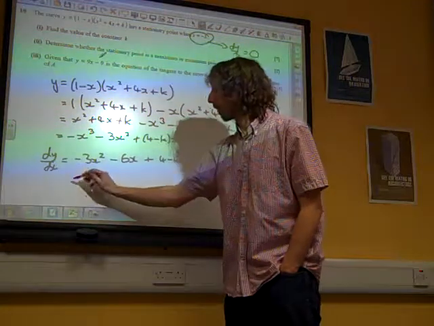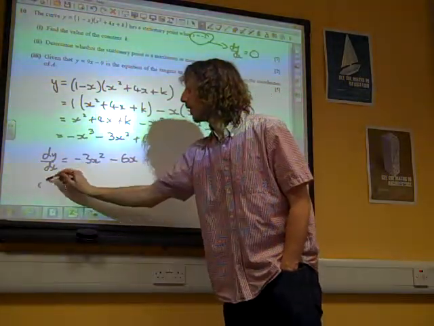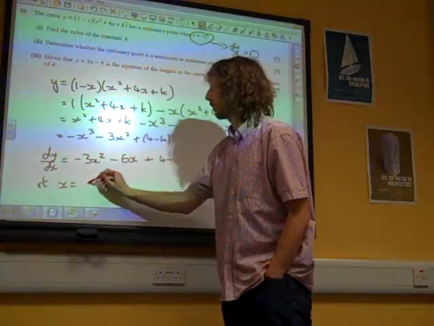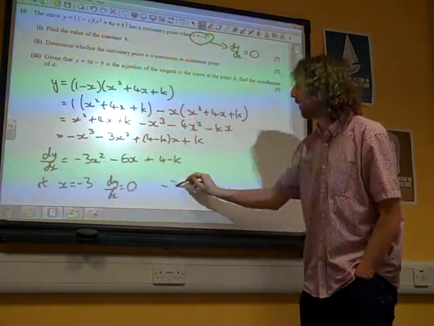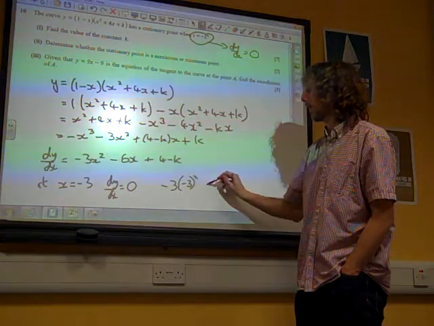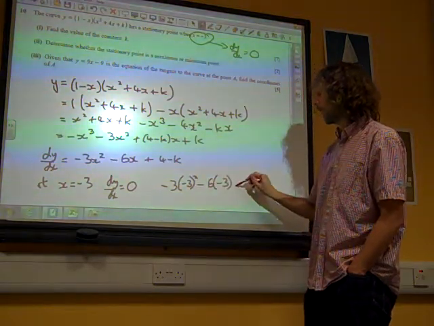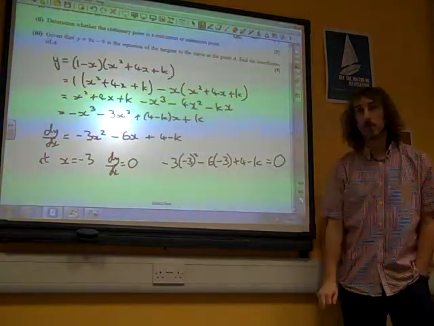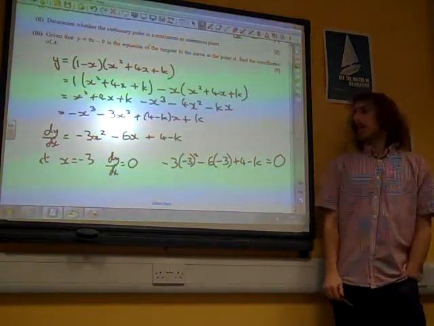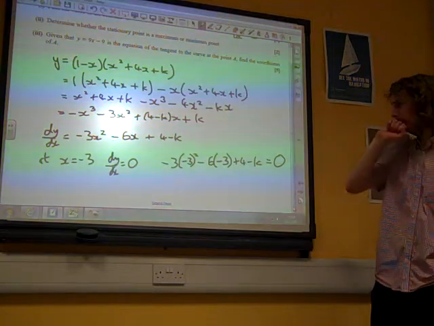So, at x equals minus 3, dy by dx is 0. So we've got minus 3 times minus 3 squared, minus 6 times minus 3 plus 4 minus k is 0. Careful with these signs.